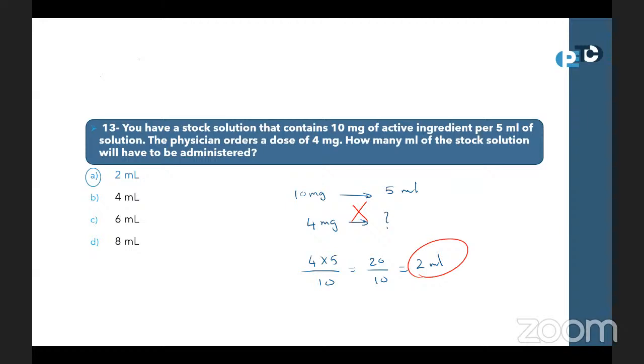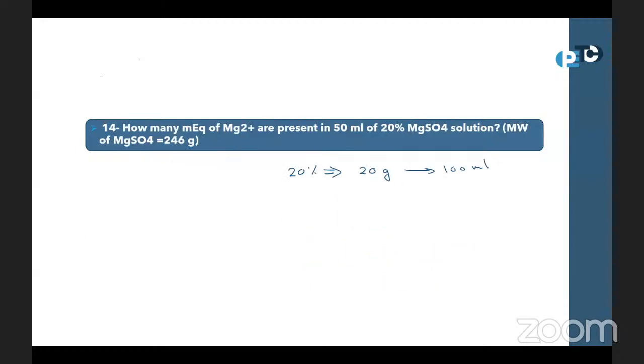The next one. How many milliequivalents of magnesium are present in 50 milliliters of 20% magnesium sulfate solution? How can we solve a question like this? The first thing is to translate the meaning of 20% magnesium sulfate.